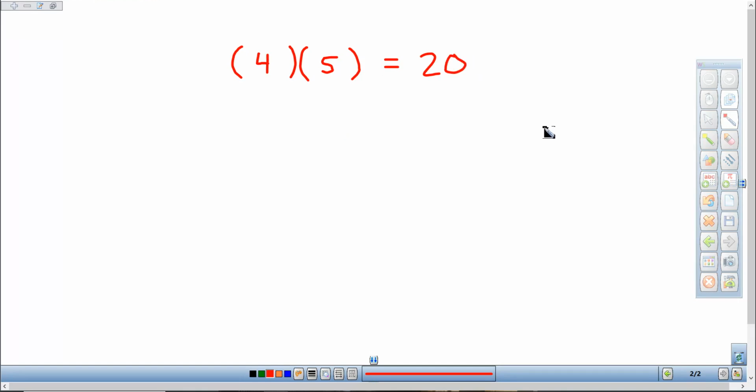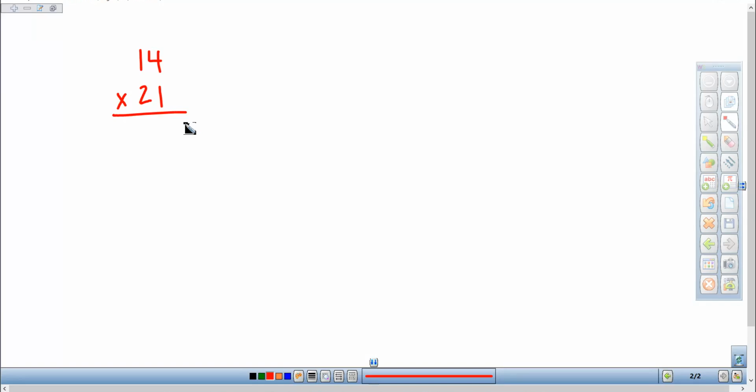and it is 20. Now, if we have knowledge about doing something like this, so let's say we have 14 times 21, and I'm going to revert back to an old process that we use to multiply here, and I'm going to explain how it's important for our strategy today to multiply binomials.